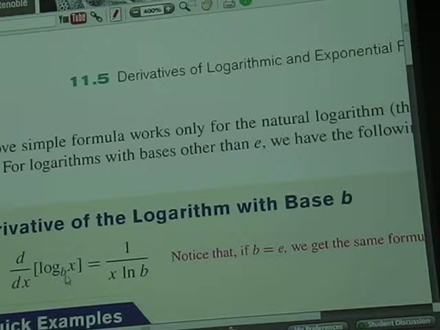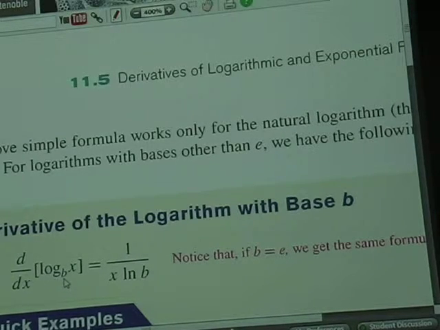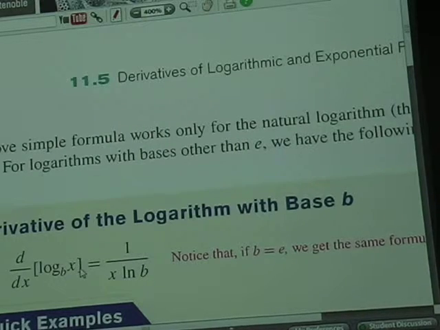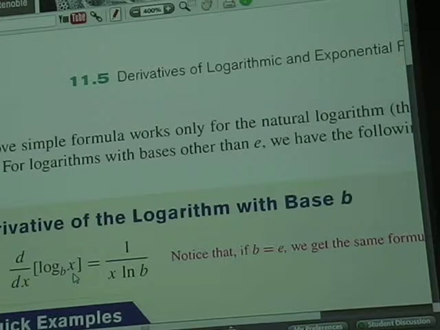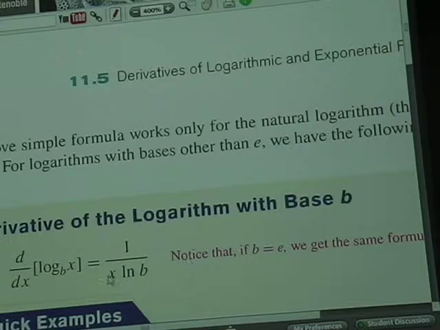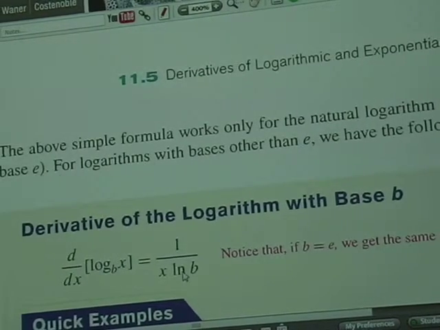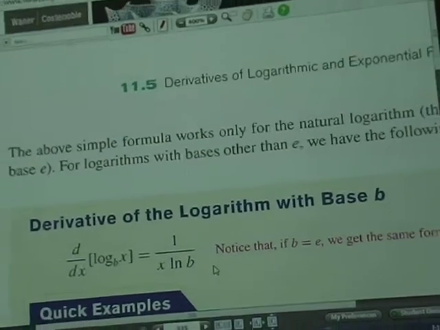How do we read this part here? Log base b of x. Okay? So everybody read this together. The derivative of the log base b of x is equal to 1 over x ln of b.